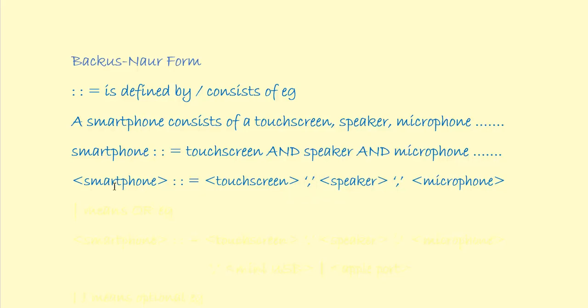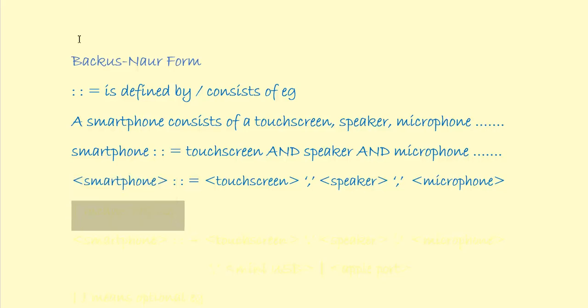So if I read this line through, it says a smartphone is defined by a touchscreen and a speaker and a microphone. Okay, so now we're starting to get somewhere. We've looked at two elements: the "is defined by" or "consists of" symbol, and the includes symbol. Let's have a little further look.